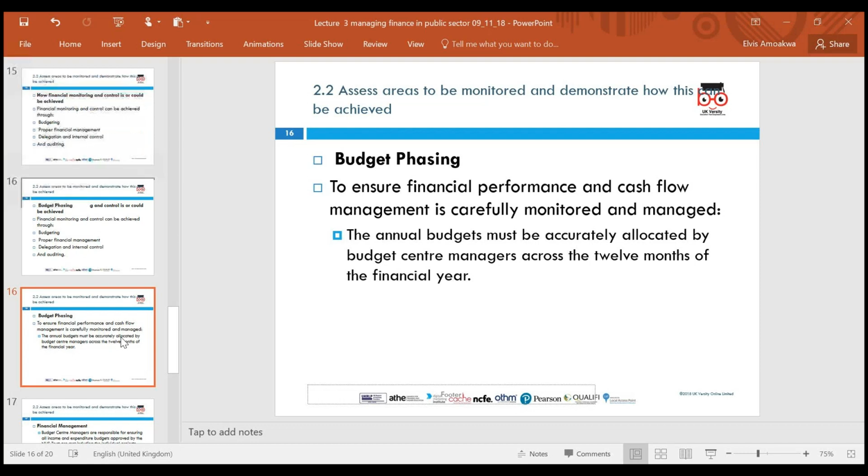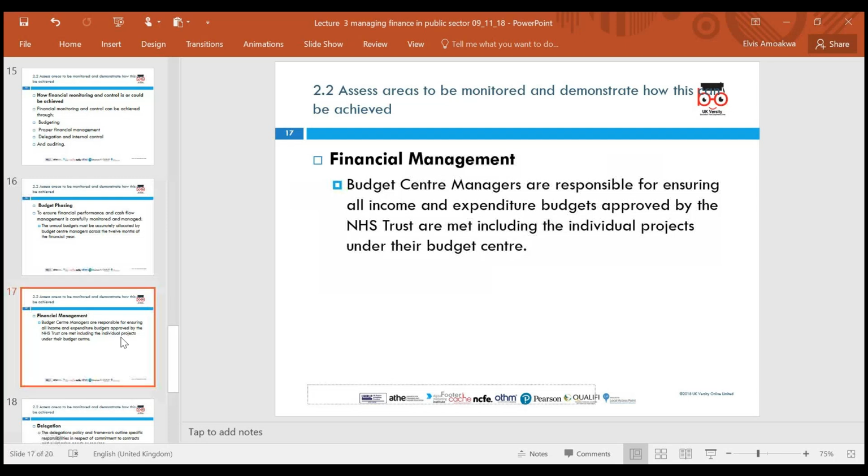And then apart from that, we have the financial management aspect, where the budget center managers are responsible for ensuring that all income and expenditure budgets are approved, if it's a trust, but the NHS trusts are met, including the individual projects under their budget centers. So if you go to the NHS sector, we have different budget centers for different sections in the hospital.